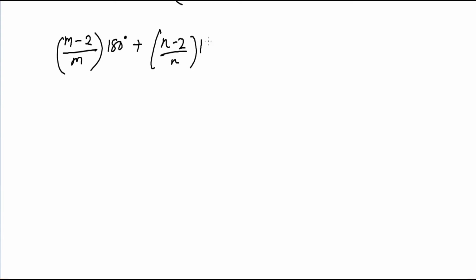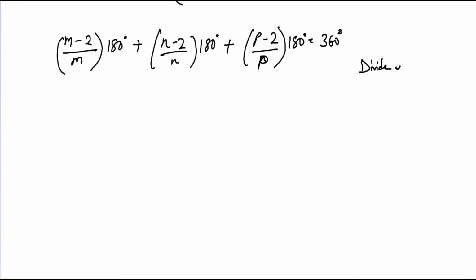So I will say (m minus 2) by m times 180 degrees plus (n minus 2) by n times 180 degrees plus (p minus 2) over p times 180 degrees is equal to 360 degrees. Now we can divide all of them by 180.